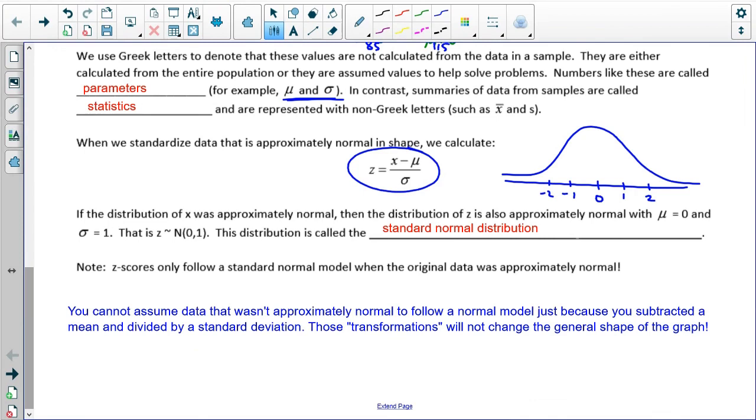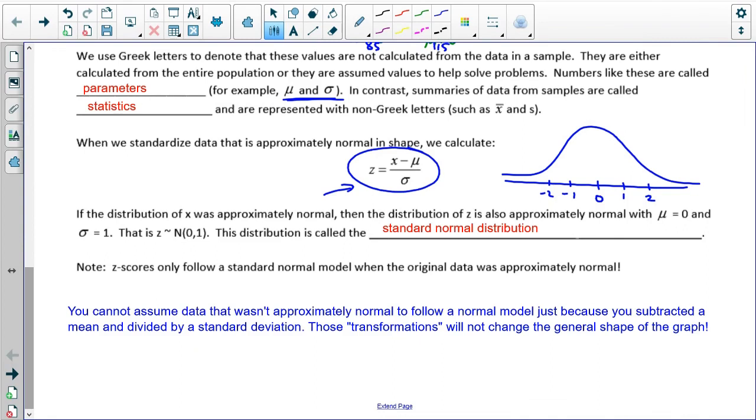It's just transforming the data, kind of doing horizontal and vertical stretches, just like we have done the rest of the year. But that's not going to change the shape of the graph. It might change how stretched it is or its location on the x-axis, but it's not going to change the actual shape.